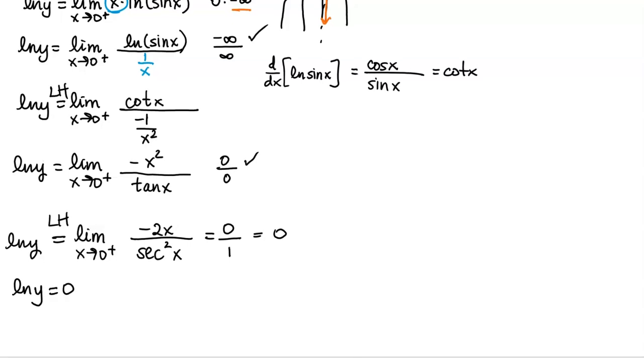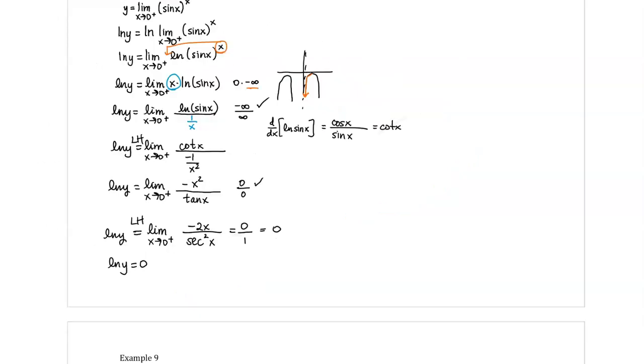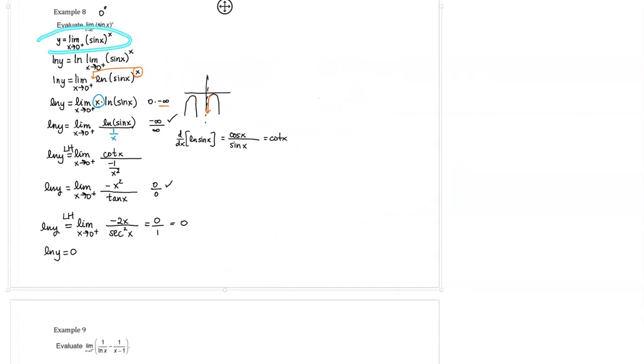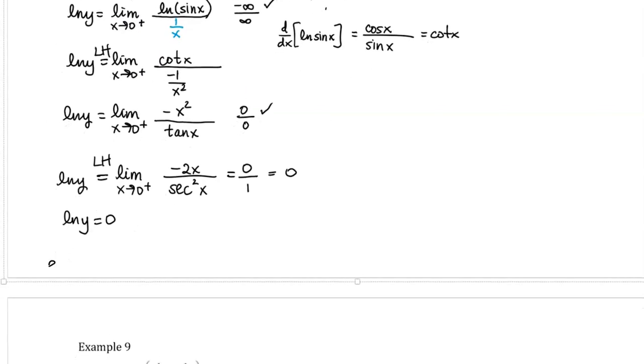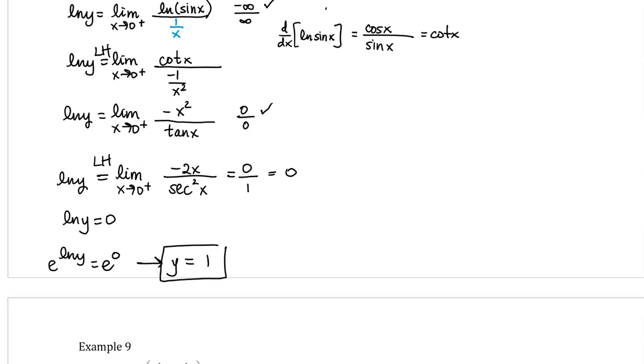Remember, we started this problem off by letting the limit that we're trying to evaluate be y. So now, in order to finish solving for y, I need to apply the natural number e to both sides of this equation to see that y is equal to 1.